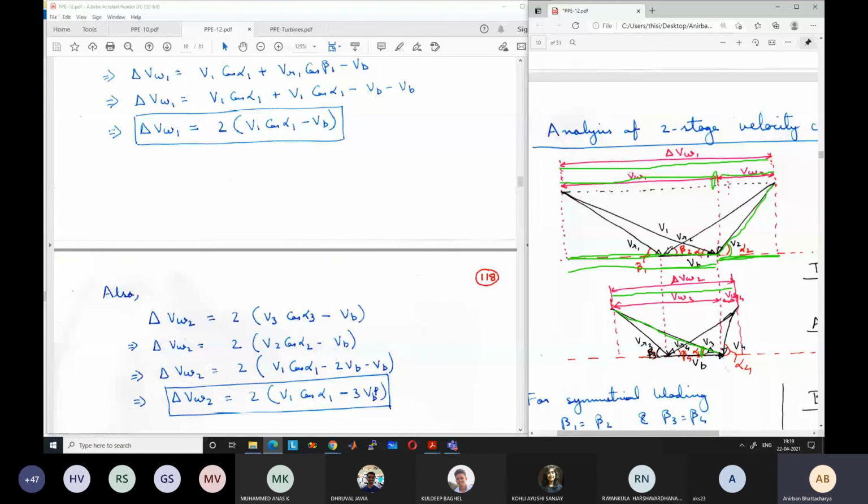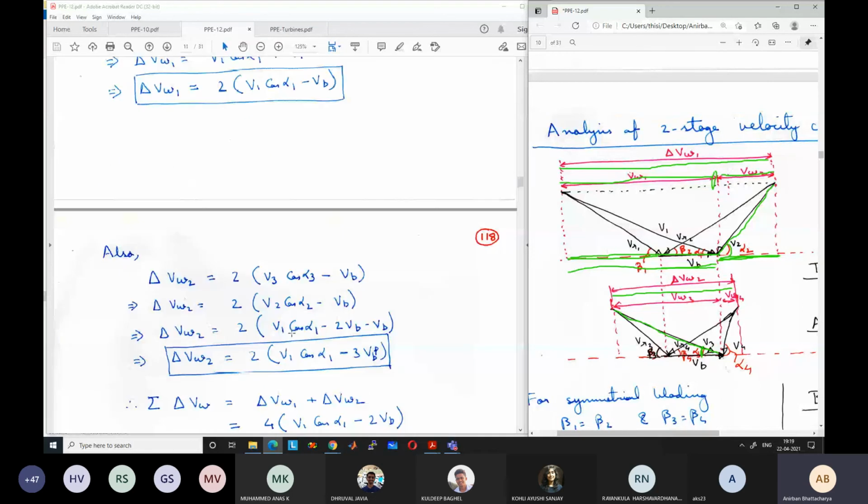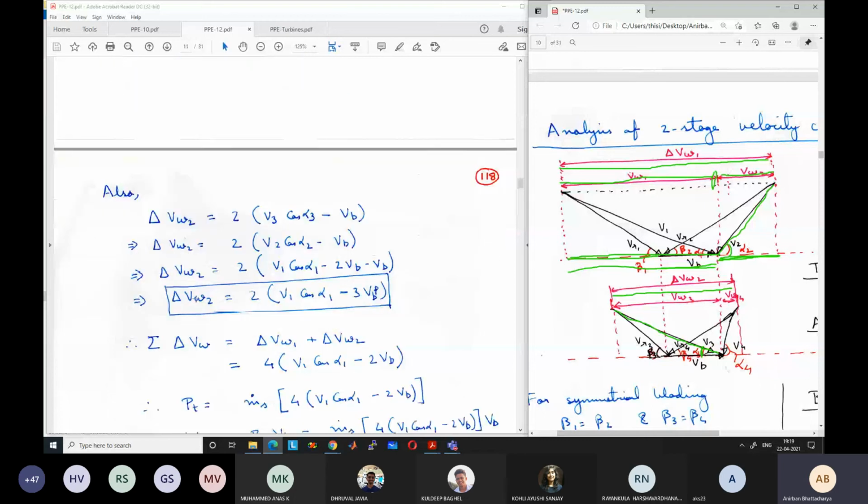Delta VW2 is equal to 2 V1 cos alpha 1 minus 2 VB, and already there was 1 minus VB present. So ultimately delta VW2 is 2 V1 cos alpha 1 minus 3 VB. Which is obviously much less than delta VW1, which was 2 V1 cos alpha 1 minus VB.